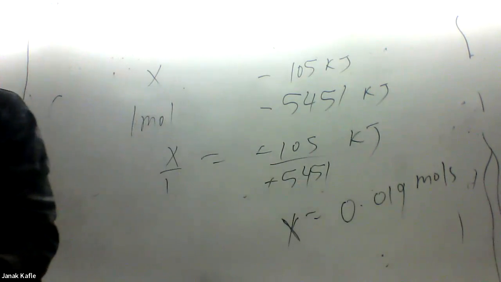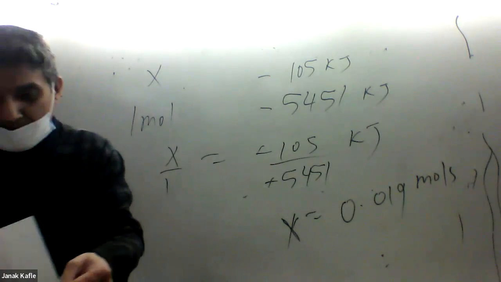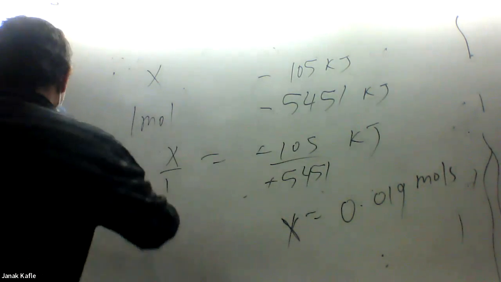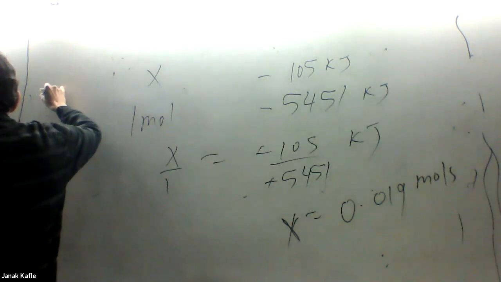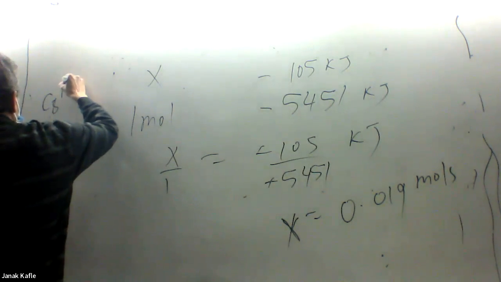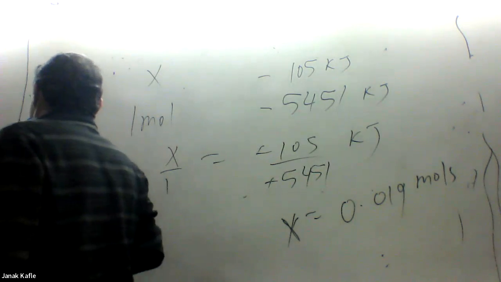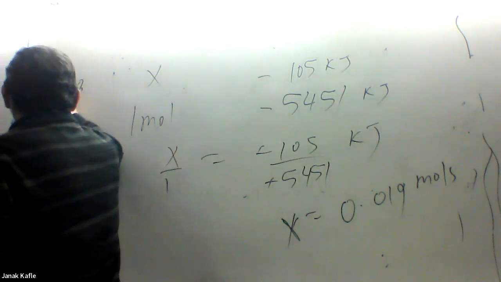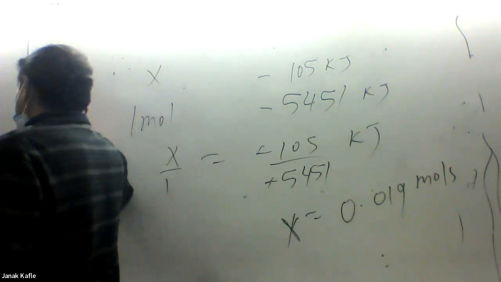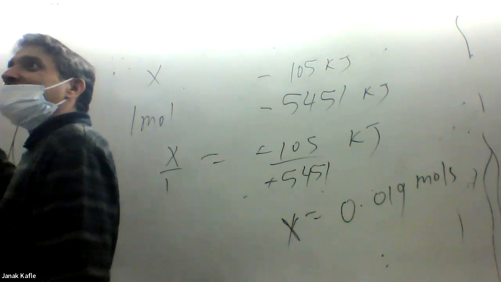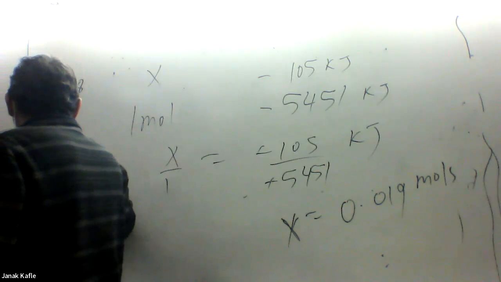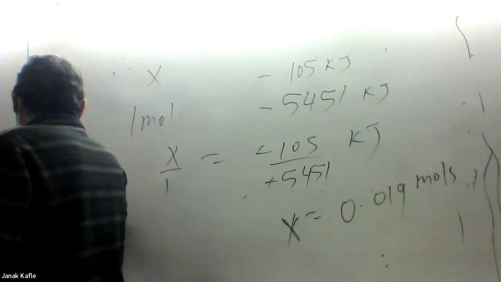The molar mass of octane, if it is not given, you can write here. Octane is C8H18. 1 C is 12, 12 multiplied by 8 is 96. 1 H is 1, 18 H is 18, right? That's how we calculate the molar mass. So 96 and 18 is 114.